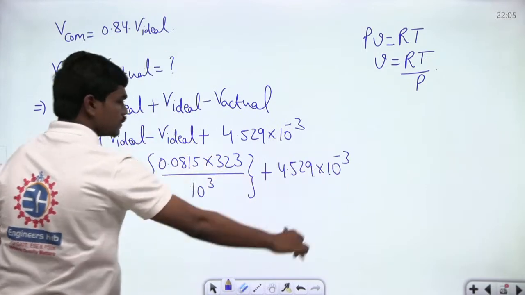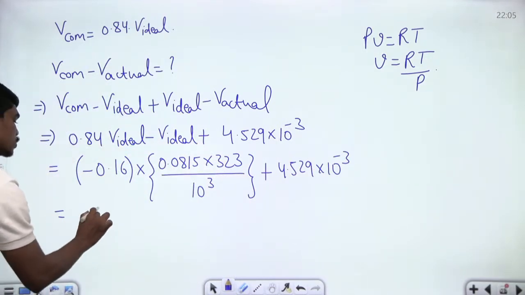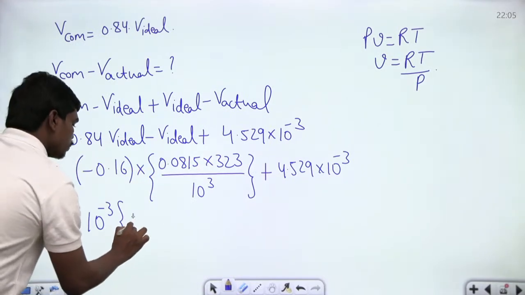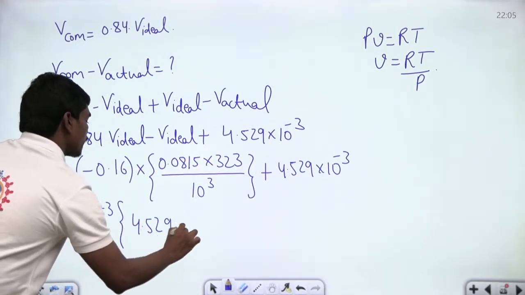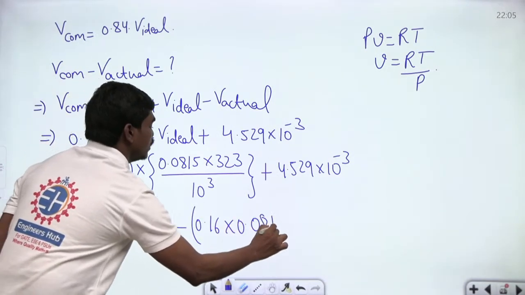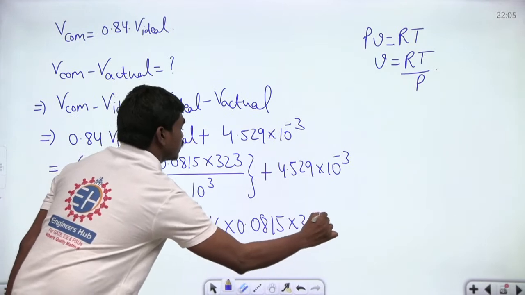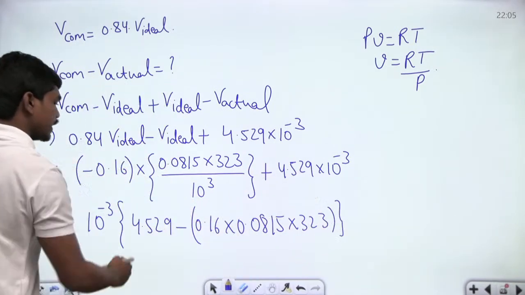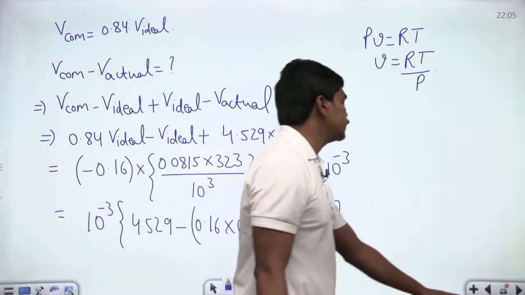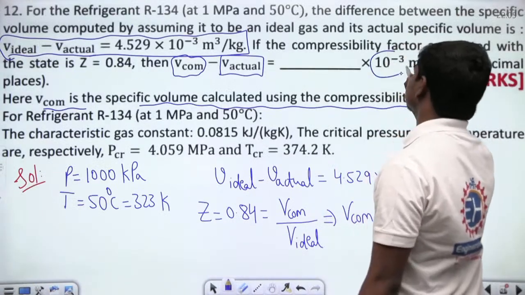Let us take 10 power minus 3 common from all the terms. So we have 4.529 minus 0.16 into 0.0815 into 323. This is what is available with us, correct? Let us calculate the value in the brackets, because in the answer they have already mentioned the 10 power minus 3.